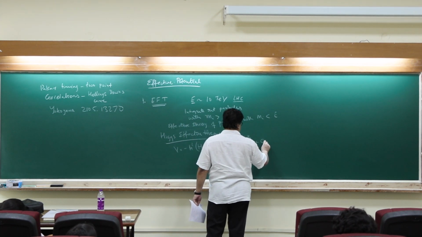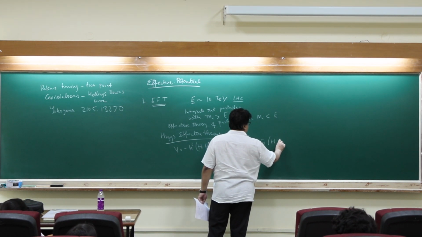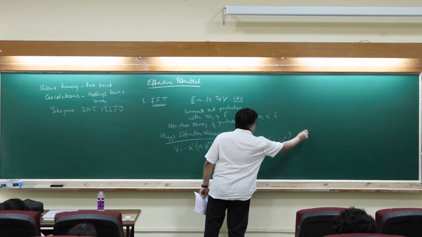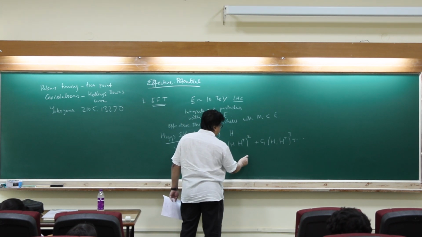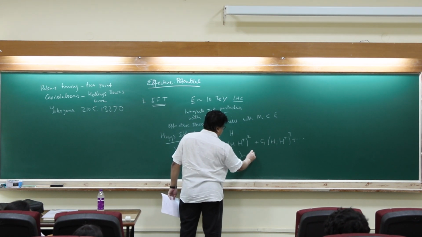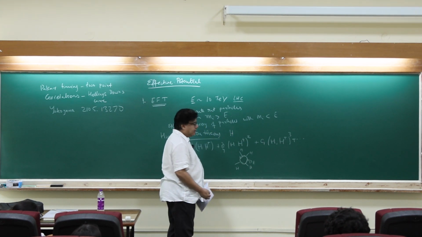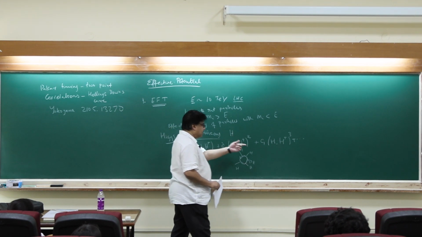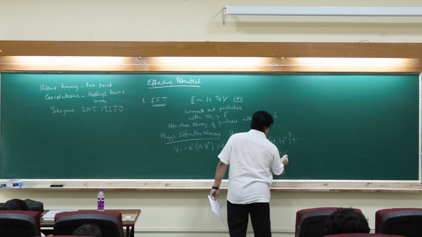And you can have C1. So what you are doing here is you are writing the theory for the Higgs, where you have, let's say, 4 Higgs, and you are integrating out heavy particles, they are in the loop. Okay, so that's this term. Similarly, this term would be 6 Higgs particles. Similarly, like that.